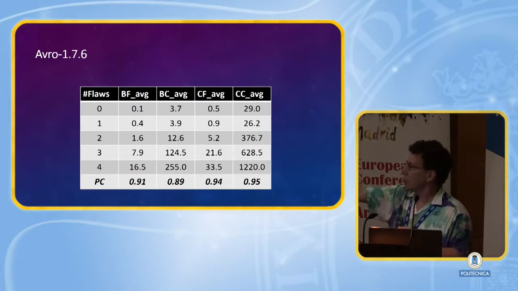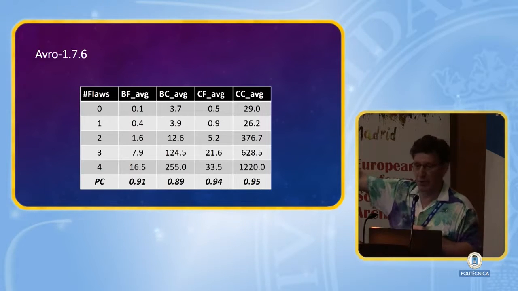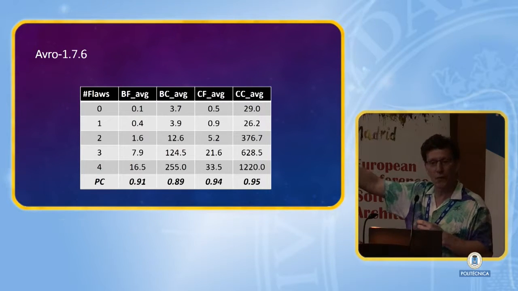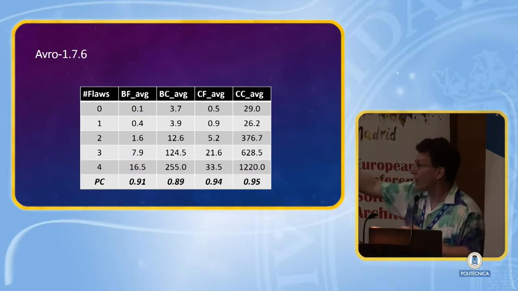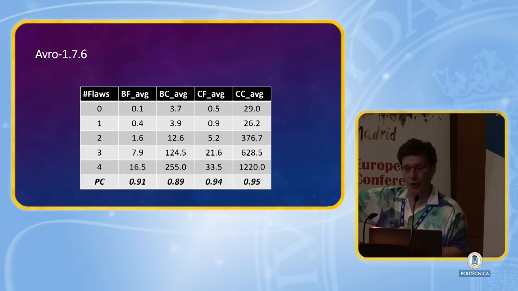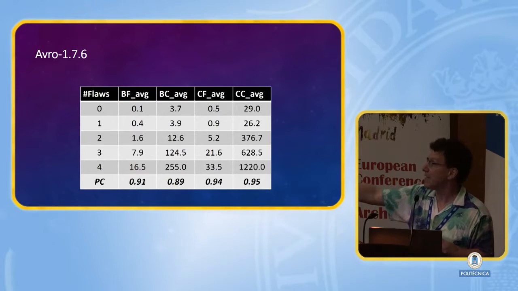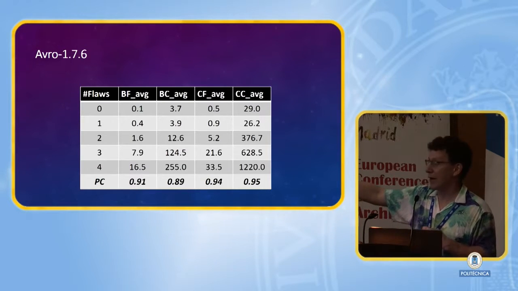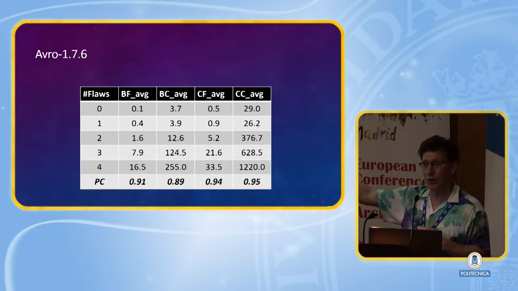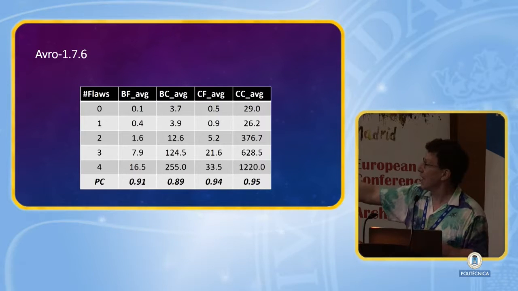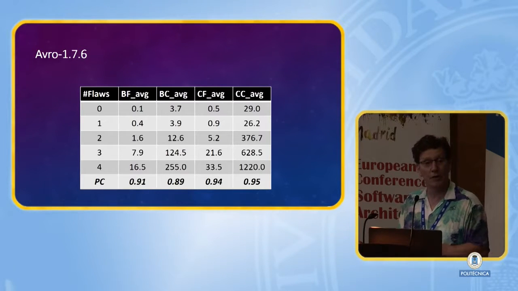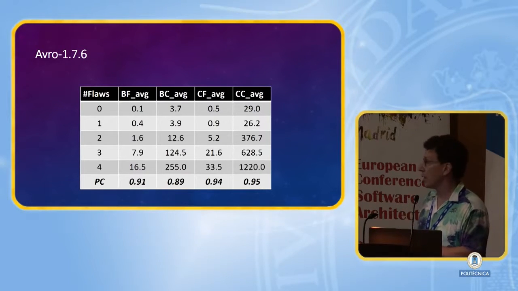But as you go down, the set of files that participated in 1, 2, 3, 4 architectural flaws, look at 4, those files on average participated in 16.5 bugs, requiring 255 lines of code to fix, 33.5 changes requiring 1,220 lines of code.